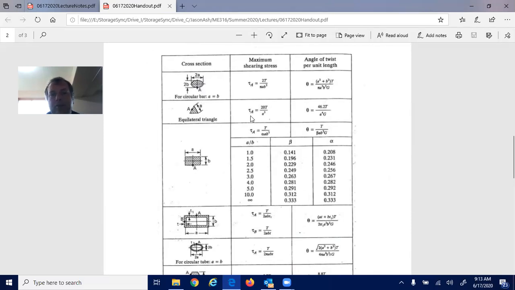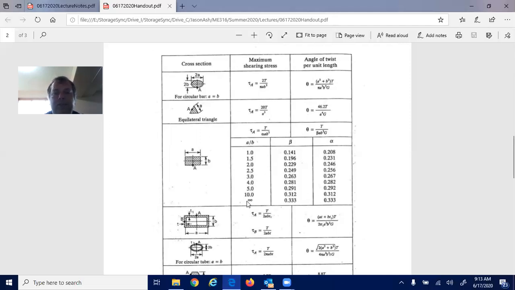They give you the same shear stress at A, and angle of twist per unit length. And we get to the rectangular section that we've been looking at, where they have our ratio of A to B, 1, 1.5, 2, and then the corresponding beta and alpha values that you can just grab from the lookup table.